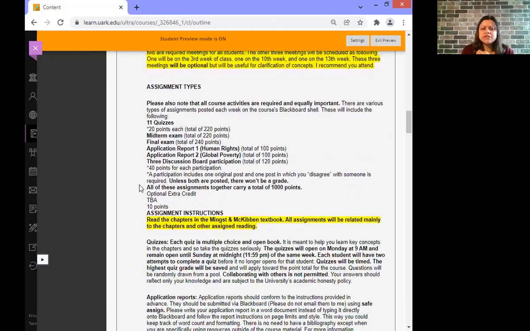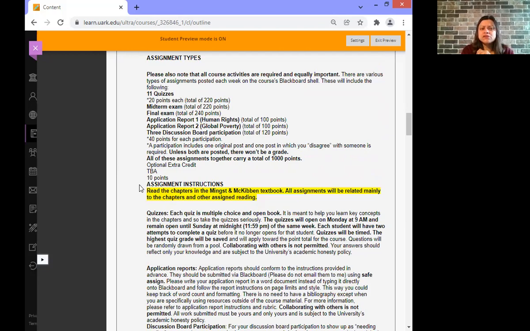As far as assignments, I think these are really good assignments for you. Quizzes every week will force you to look at the chapters. I know the objective of this class is to have fun and to learn, but when we require assignments on a regular basis, it's to help you study.